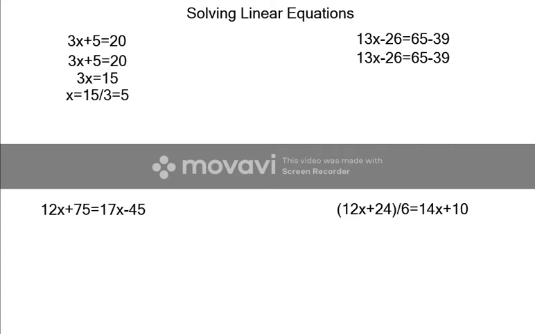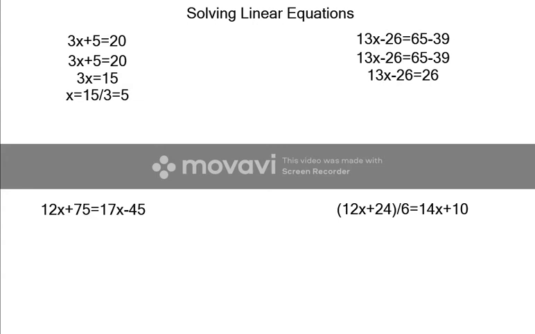On the right side there are no variables, so you can just subtract the constants. 65 minus 39 is 26. So we get 13x minus 26 equals 26.